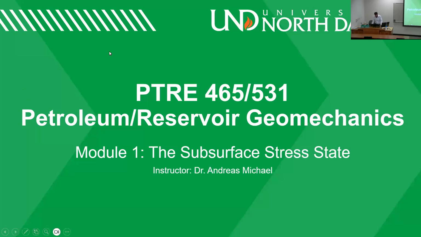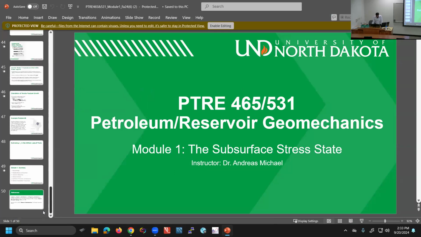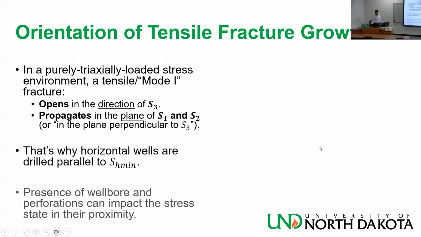Anyway, so let's start. Last time we did talk about how to fracture, tensile mode 1 fractures initially. And we know there are 3 modes of fracture, right? Mode 1 is tensile.